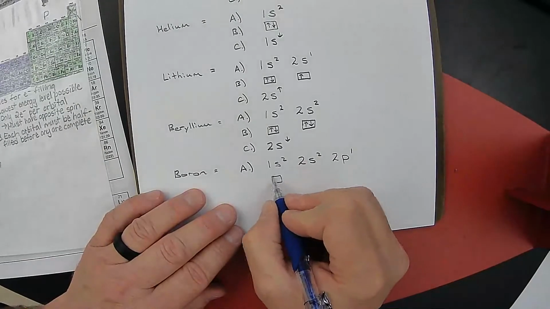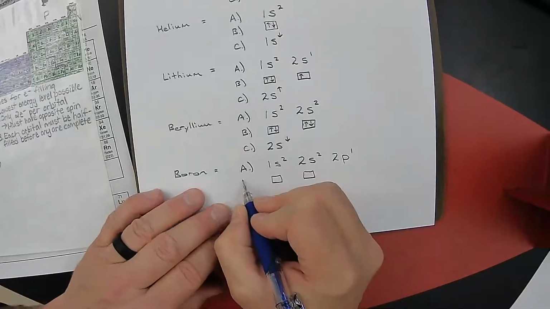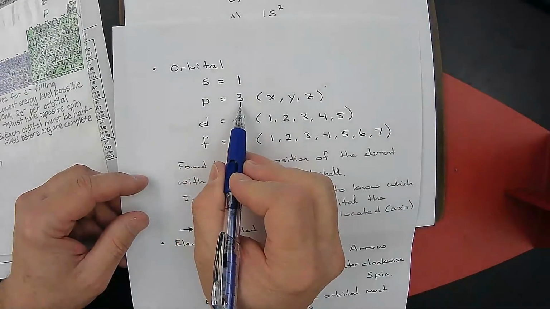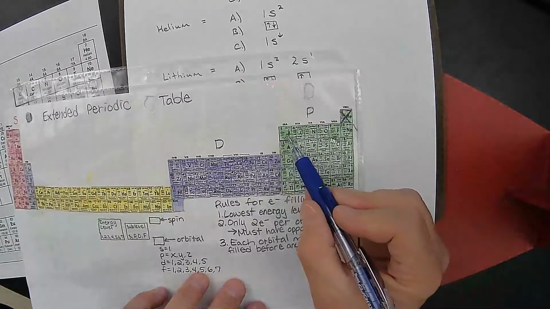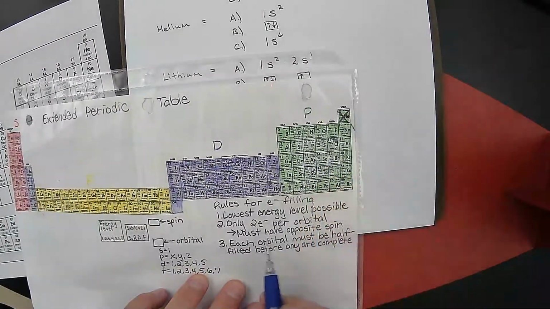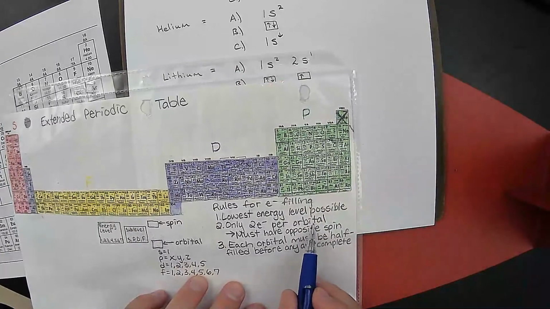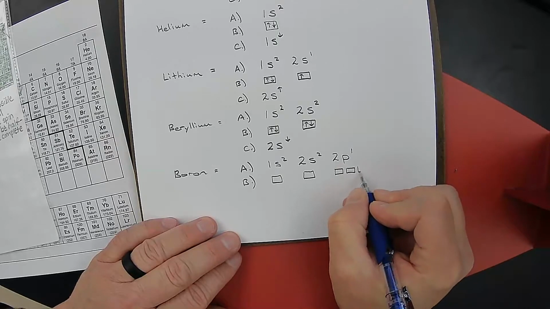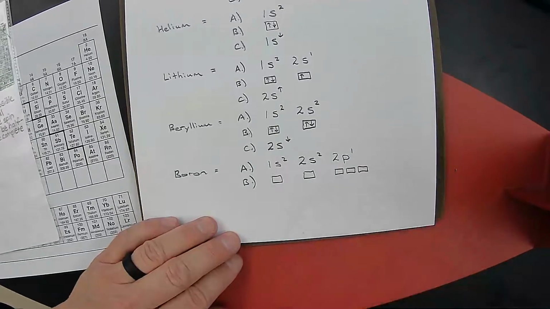The s's have 1 orbital, but when you look at the p's, the p's have 3 orbitals. Why 3 orbitals? Because when we're putting in those 6 electrons, only 2 electrons per orbital, so there must be 3 orbitals. How do we identify these 3 orbitals?